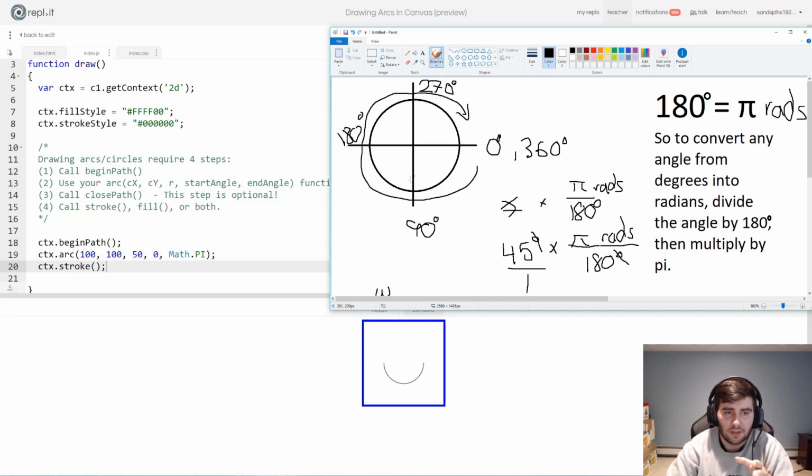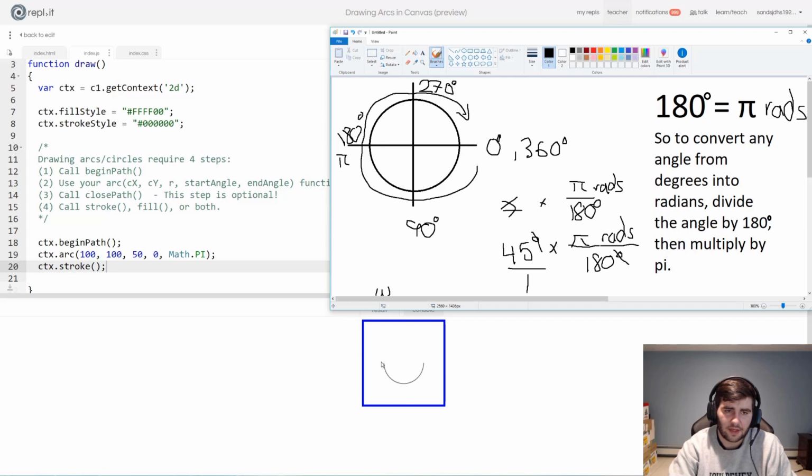Now in this case, we have this smiley face. That's because we actually went from 0 to 180 degrees, or from 0 to pi. Because again, these are equivalent. So that's why I can put that there. All right. So that's why I get this smiley face. This is my start angle, 0.